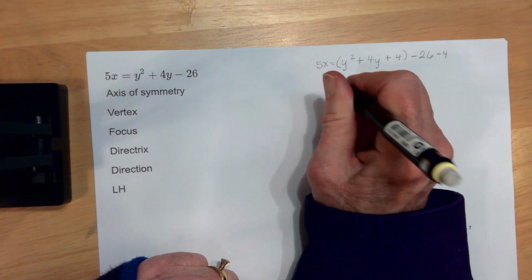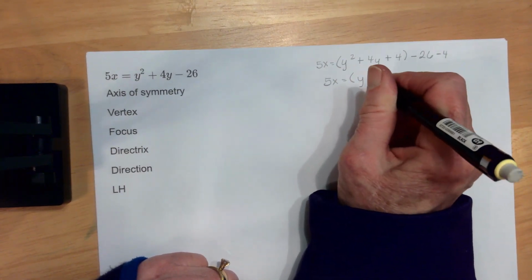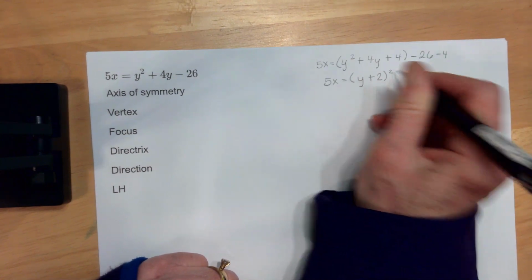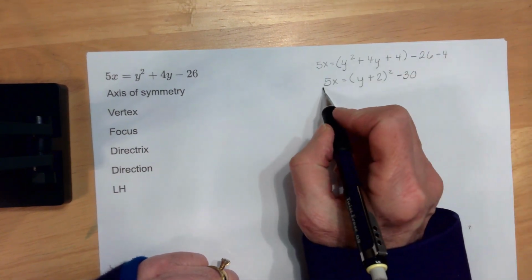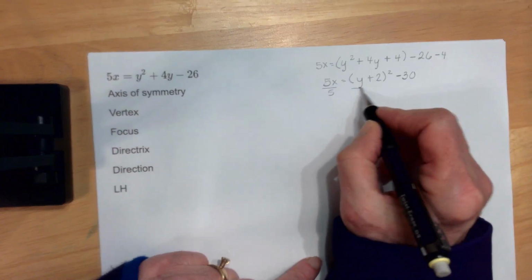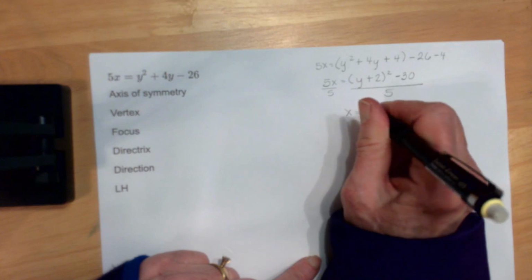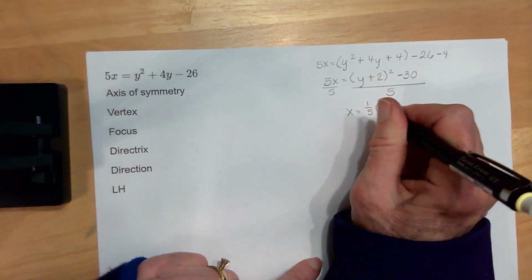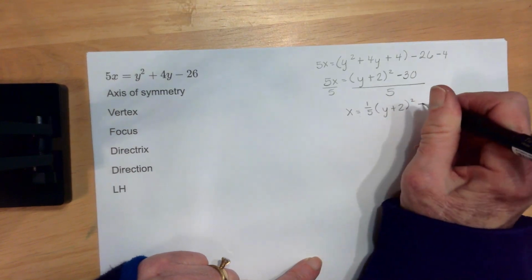So now I have 5x is equal to y plus 2 squared minus 30. But now I'm going to divide everything by 5. So I'm going to get x is equal to 1/5 y plus 2 squared minus 6.